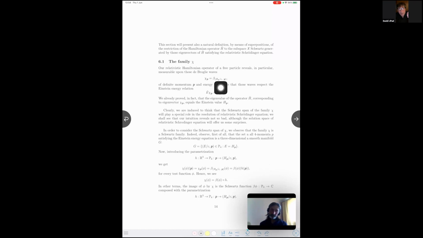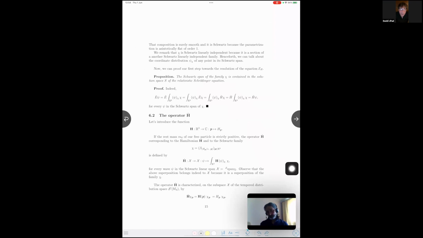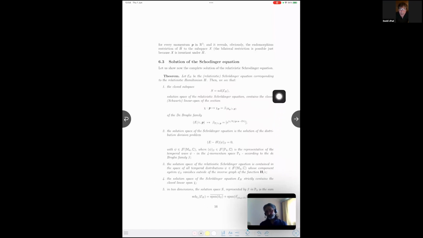I just remind you that the general family beta has a 4-vector which is E over c, P, not H(P) over c, P. So we have restricted our de Broglie wave family to another family. We consider a restriction of the family beta, and we obtain a new family, a family chi. We shall use this family chi to solve our Schrödinger equation, and I show you immediately the last theorem of my talk.